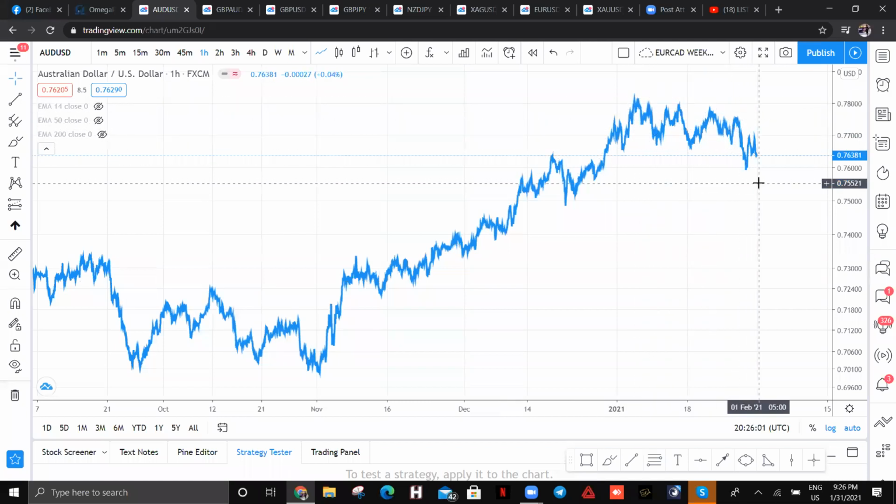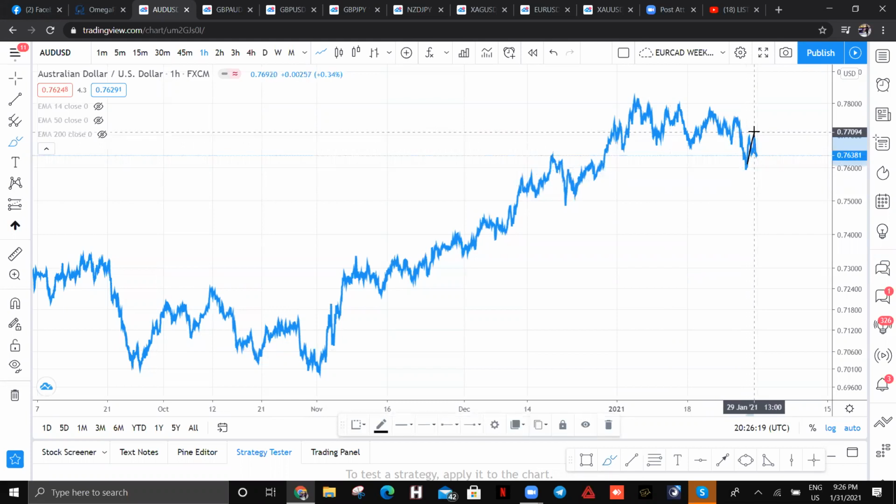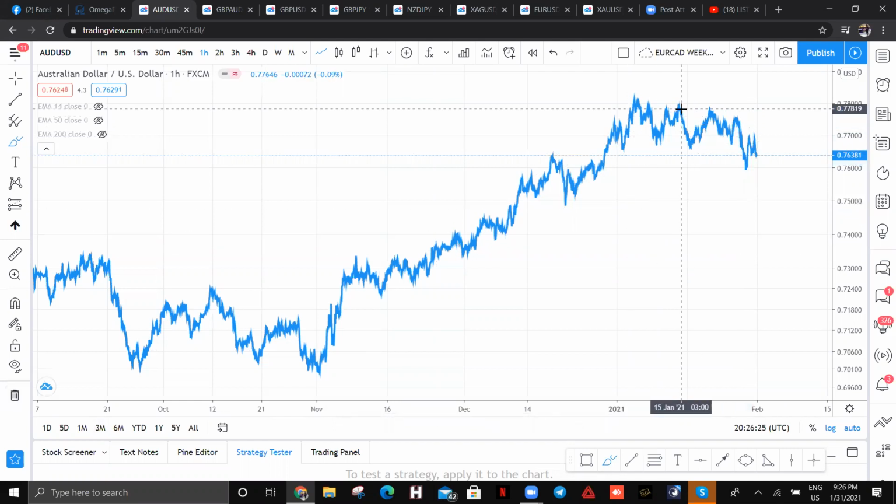The recent pullback is the pullback that you are going to use to identify your first zone, the most recent pullback. The most recent pullback here is from here to here. You can see that price is coming down a bit.